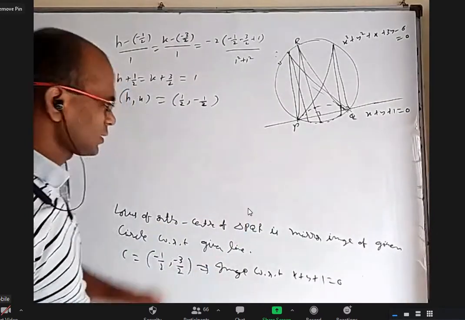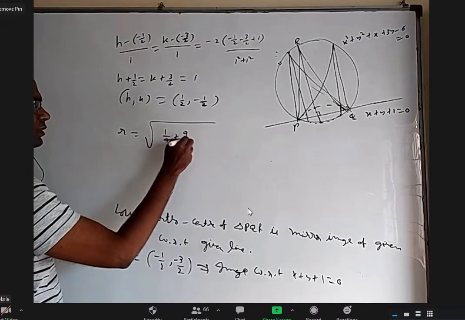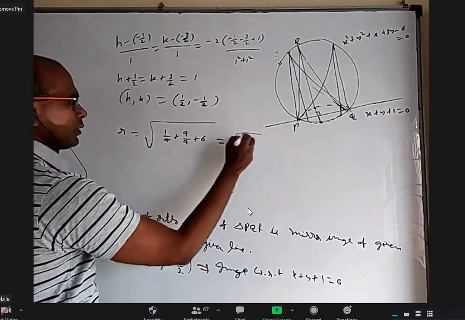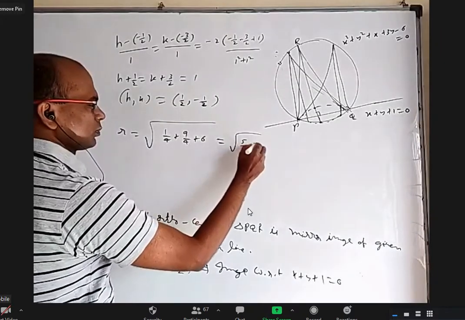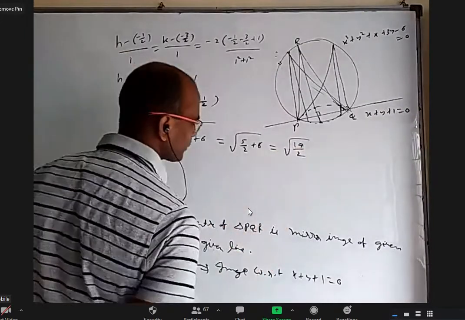And what is the radius? Same as the original radius. So radius is root over 1 by 4 plus 9 by 4 plus 6, 5 by 2 plus 6, root over 17 by 2.